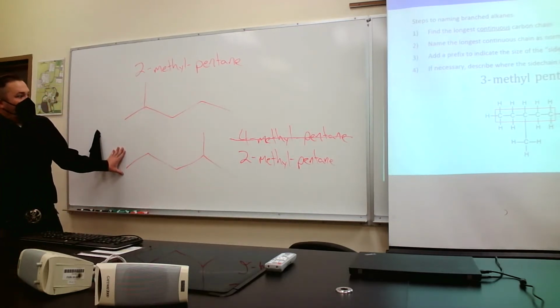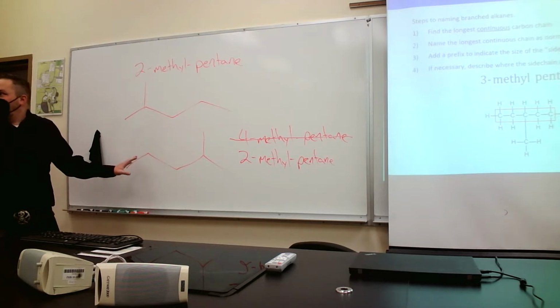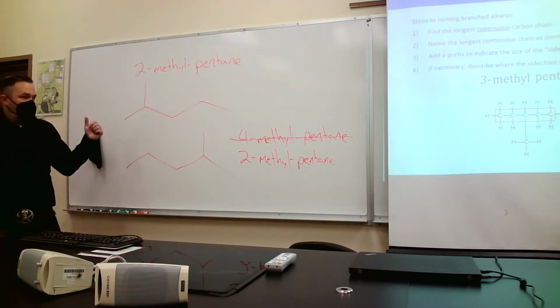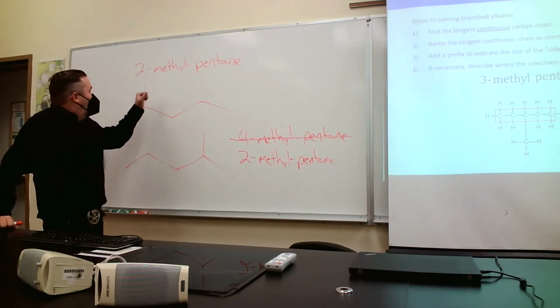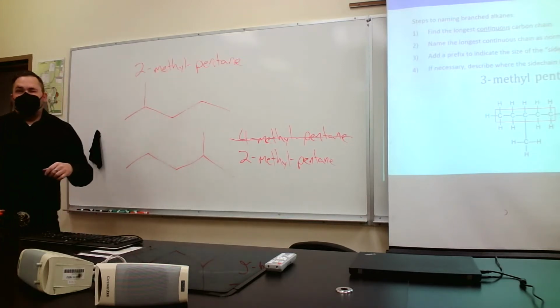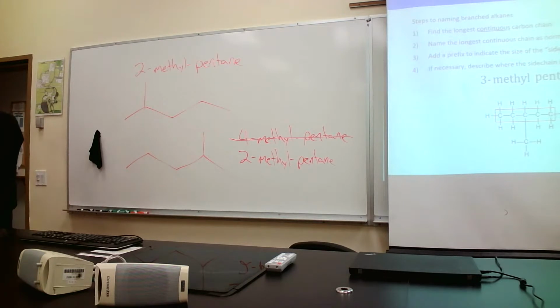All right, so we're always going to count from the side that keeps numbers lowest. And when it comes to how to write these, the IUPAC is, I'm going to butcher the name, the International Union of Pure and Applied Chemists. This IUPAC is the governing body for all chemists worldwide. They're the ones who make all the decisions about names.